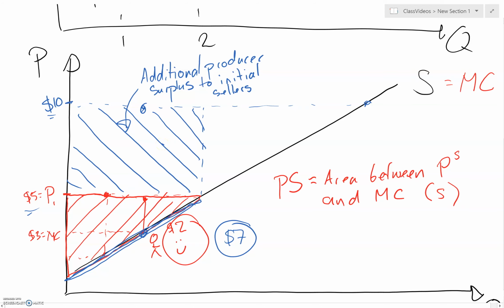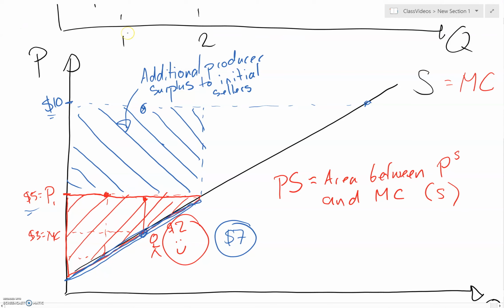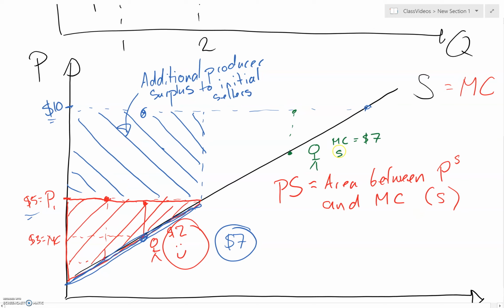But now we also have some sellers in the market who did not want to sell at $5, but at $10 that makes them happy. So maybe we've got a producer somewhere here who has a marginal cost of, let's say, $7, and now they get to sell their item for $10, so now they are $10 minus $7, which is $3.